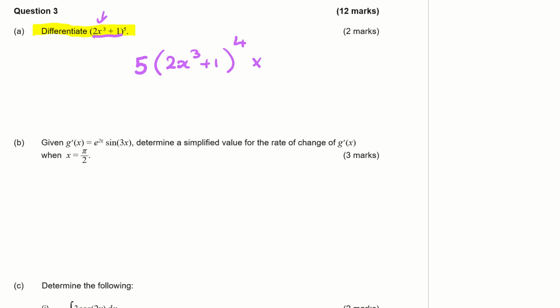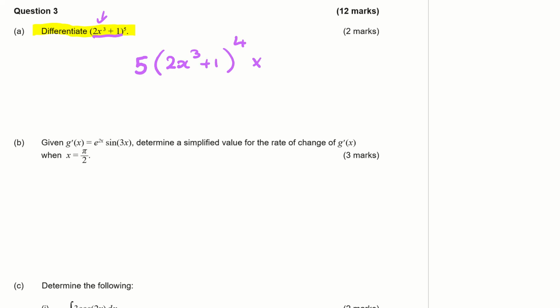So we'll say that u is e to the 2x and v is sine 3x. That means du dx is, don't forget the chain rule, 2e to the 2x. dv dx is going to be 3 cos 3x. So that's going to give us g double dashed of x, which is what we want.